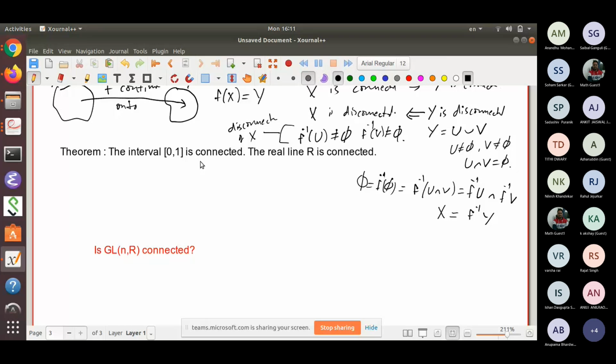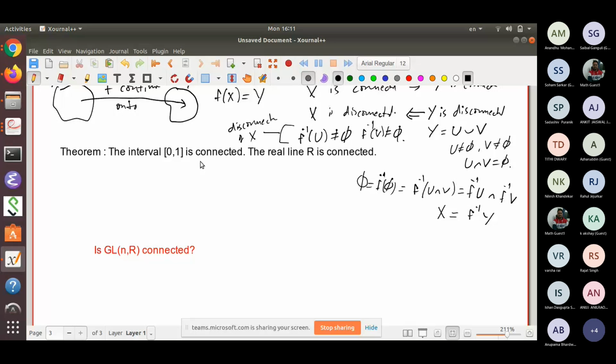So for these real spaces, if we want to understand connectedness, it is important to understand whether the real line itself is connected, or the closed interval is connected, or the open interval is connected. You know, the open interval is all of the real line up to isomorphism. So that's not a different question. You can ask whether a semi-open, semi-closed interval is connected, left open, right closed, or whatever.